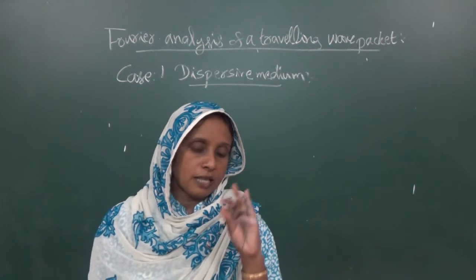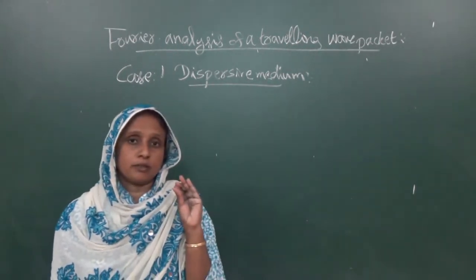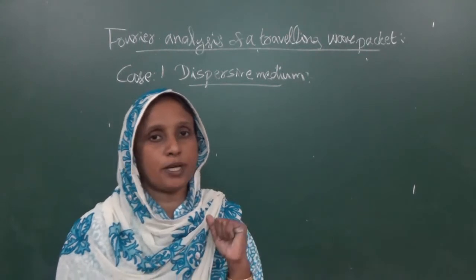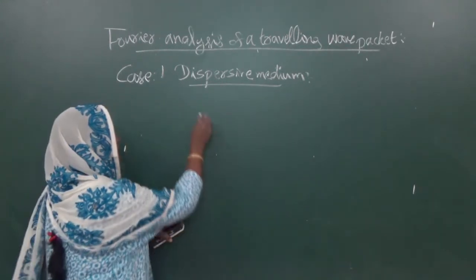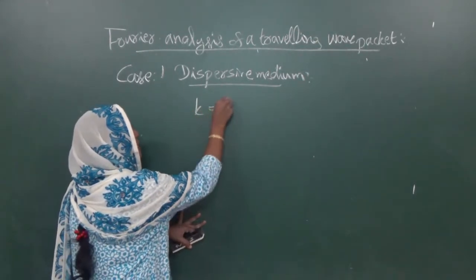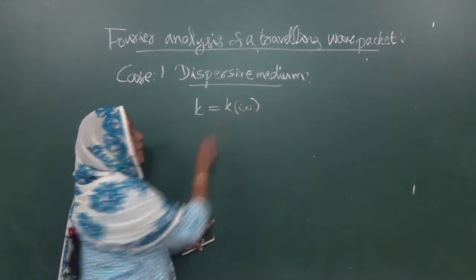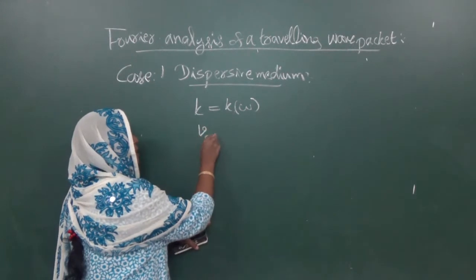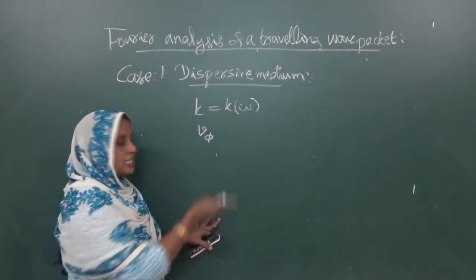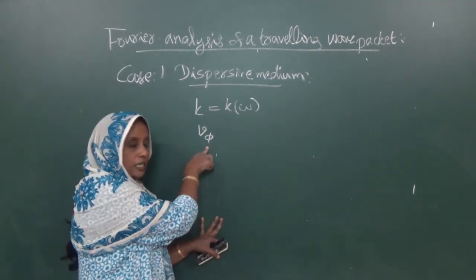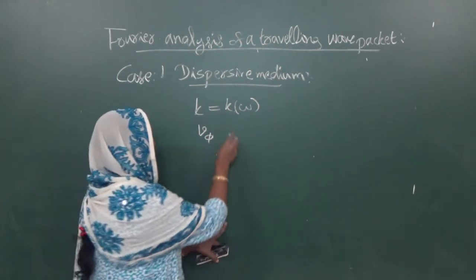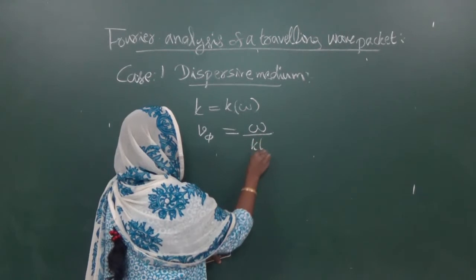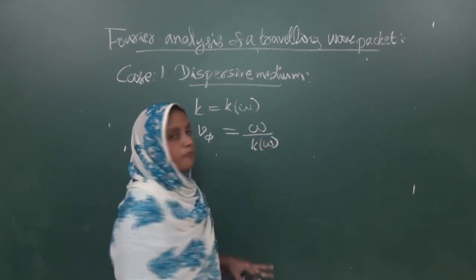So here the angular wave number varies with angular frequency ω. That means in this context k is equal to k(ω), and each frequency component moves with its own phase velocity, here represented by v_φ. v_φ equals ω by k(ω).